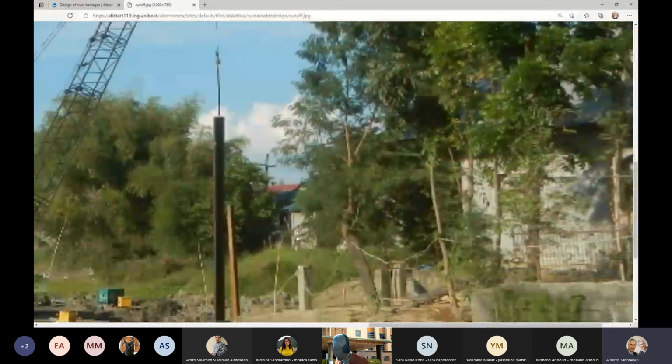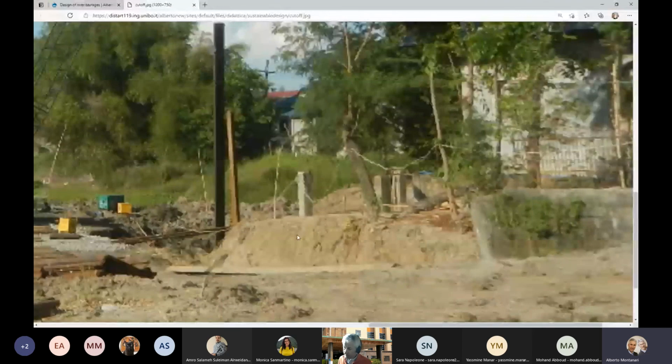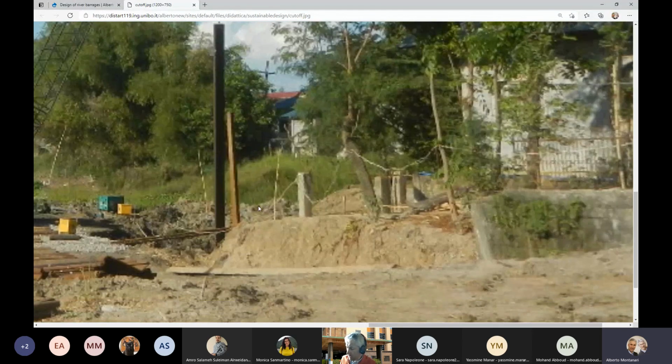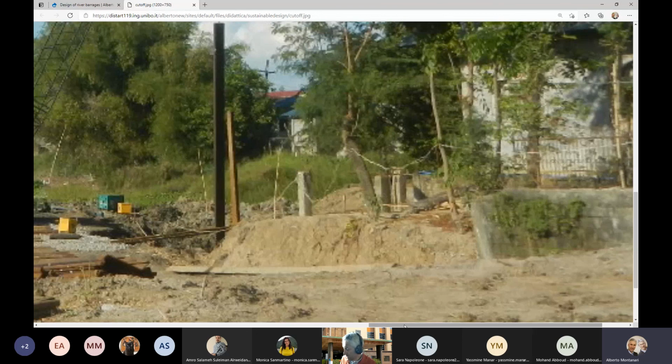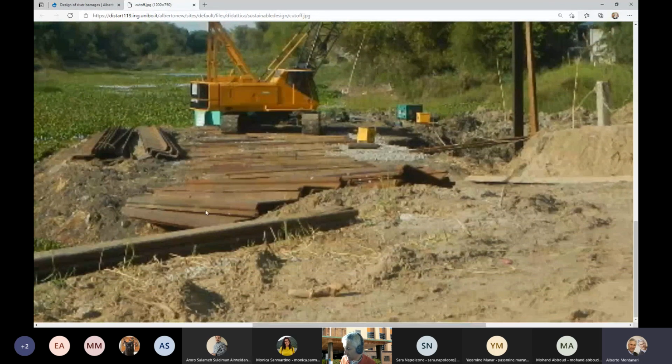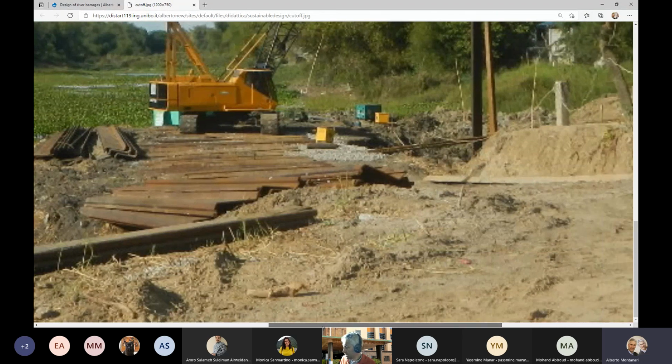You see how they are putting these iron barriers into the ground, and you see the iron elements are displaced here. And in this case, they are reinforcing a levee.